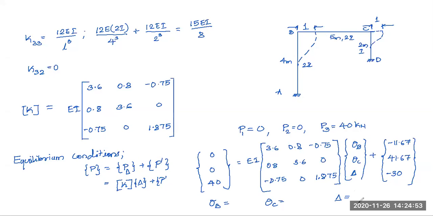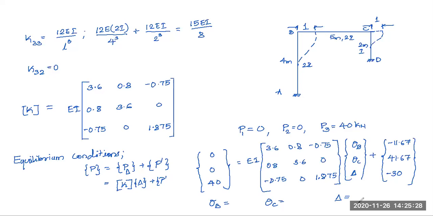First matrix 3 by 3: 3.6, 0.8, minus 0.75; second row 0.8, 3.6 and 0; and minus 0.75, 0 and 1.875.